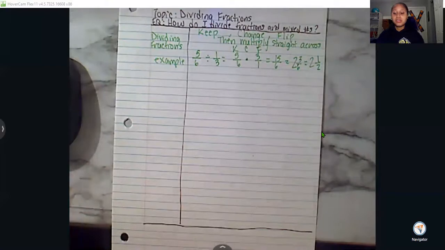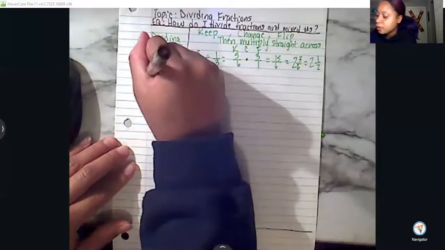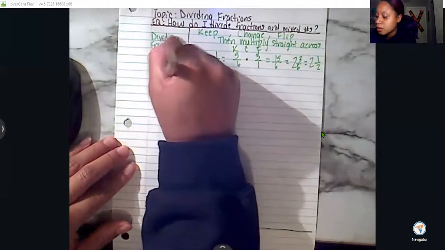All right, so next we are going to look at dividing with mixed numbers. So instead of dividing just fractions, now we're dividing with mixed numbers.